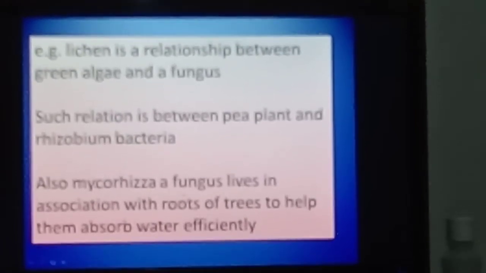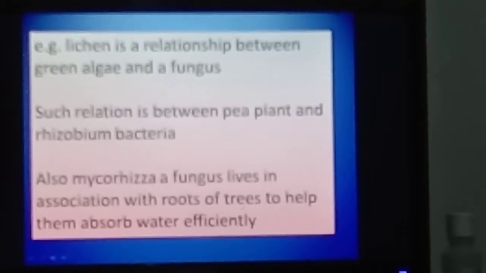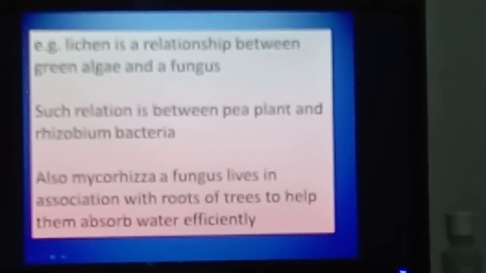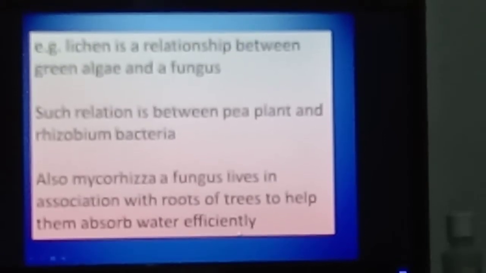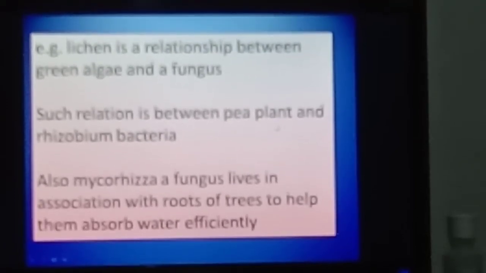Also, mycorrhiza, a fungus, lives in association with roots of trees to help them absorb water efficiently. That means in this kind of relationship, both the partners are benefited.